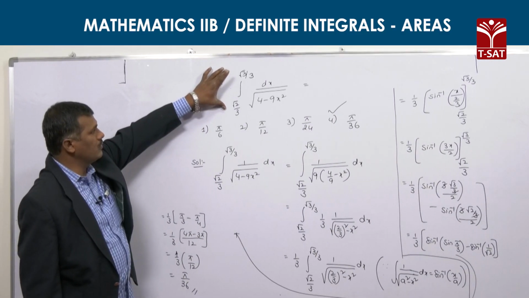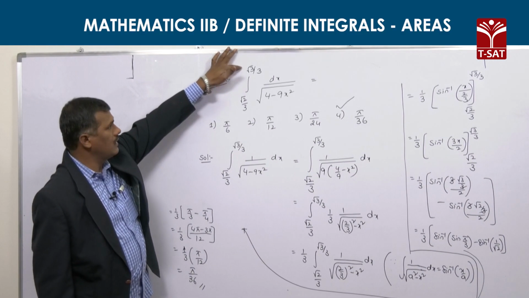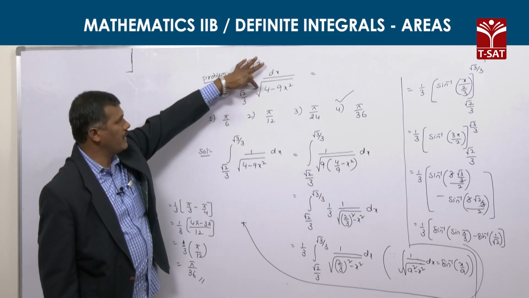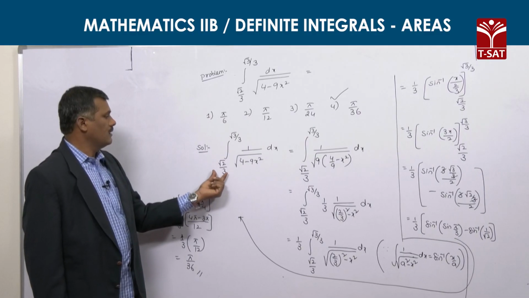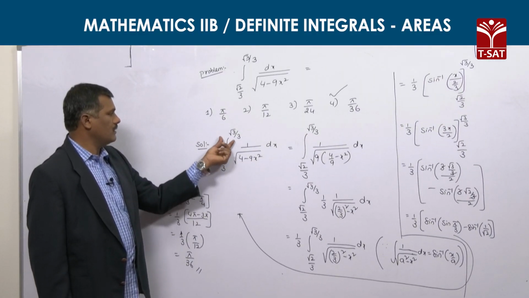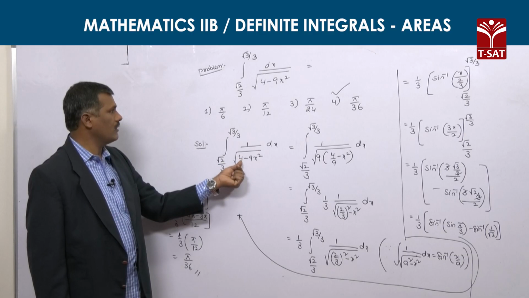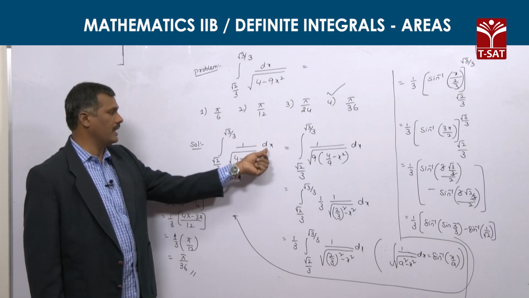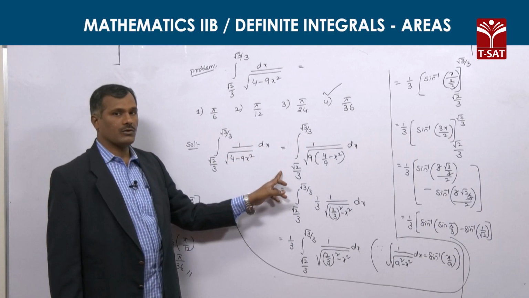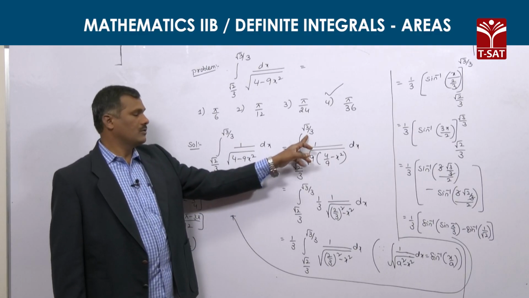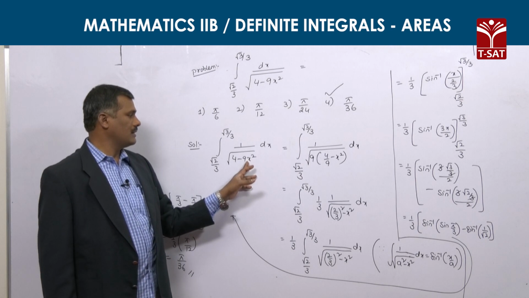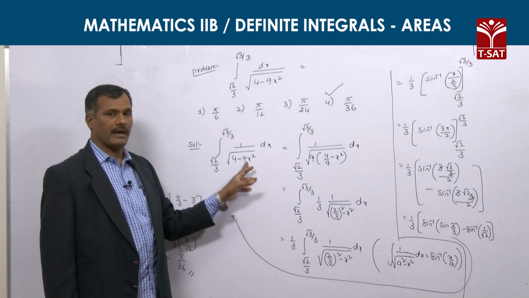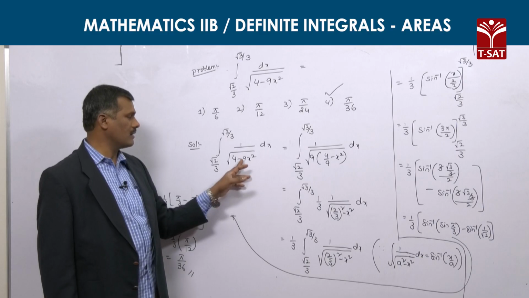Given problem: integral from root 2 by 3 to root 3 by 3 of dx by root over 4 minus 9x square. Solution. Integral of 1 by under root 4 minus 9x square dx. Make the x square coefficient unity, so 9 is common within the root.